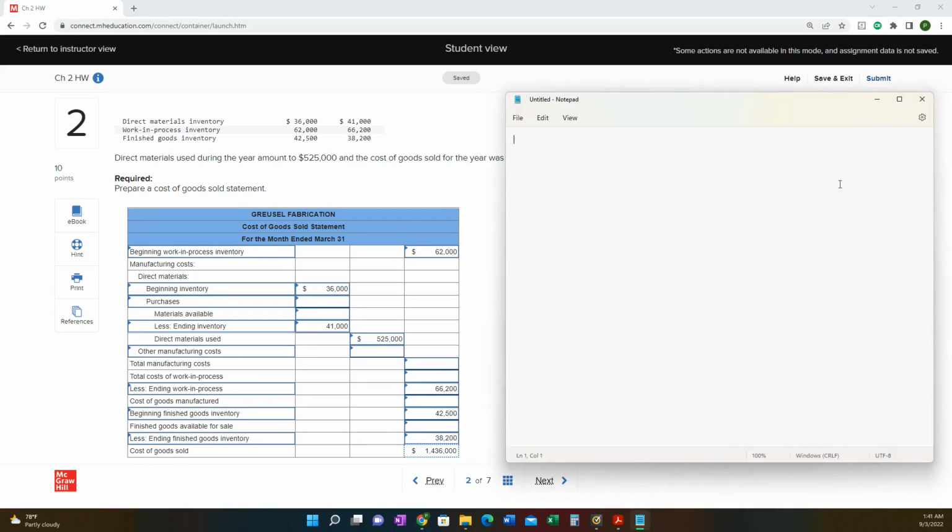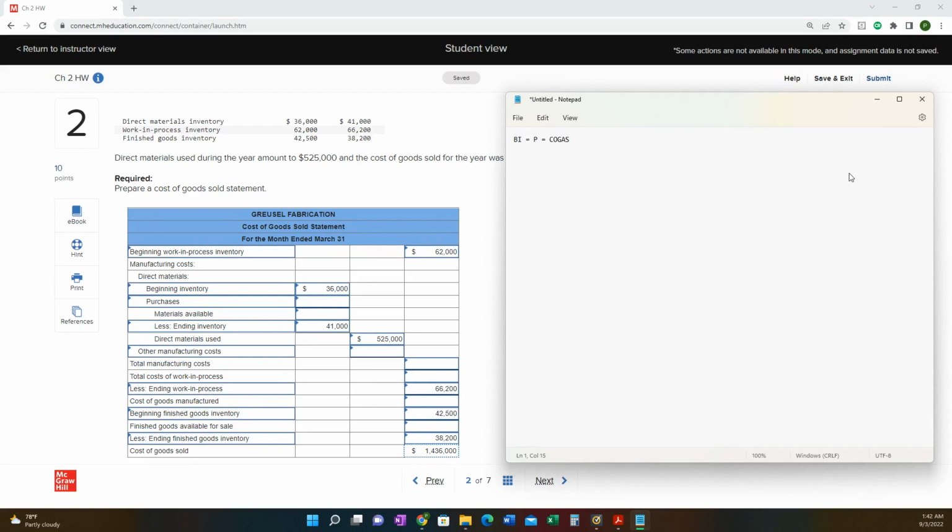We're going to use 2 different formulas throughout this problem. The first one is beginning inventory plus purchases equals cost of goods available for sale. Beginning inventory is inventory left over from the prior year. Purchases is what we purchased in the current year.